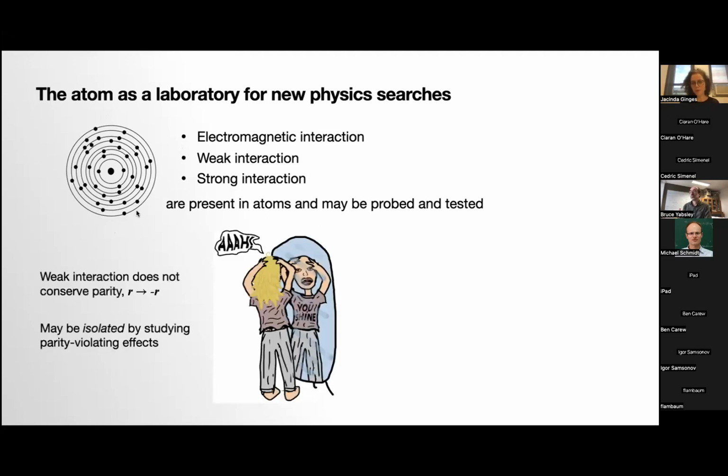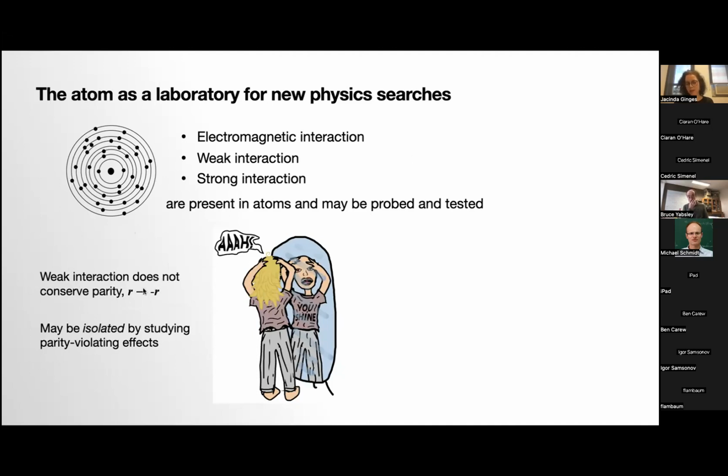You would know, of course, that long distance effects in atoms are dominated mostly by electromagnetic interactions. But if we want to probe the electroweak theory, what we do is instead exploit parity violating effects. A parity operation is when you have the polar vector r going to minus r, so it's like reflection in a mirror, or rotation by 180 degrees.